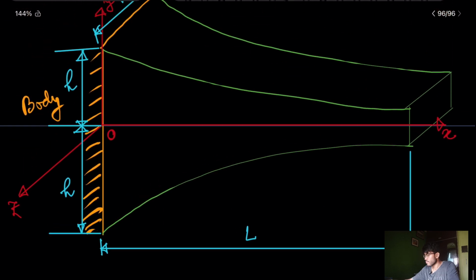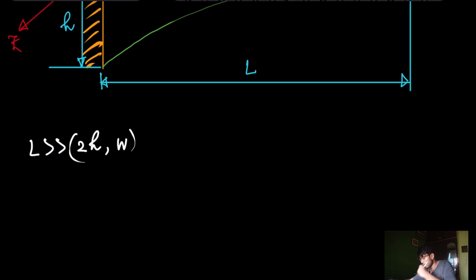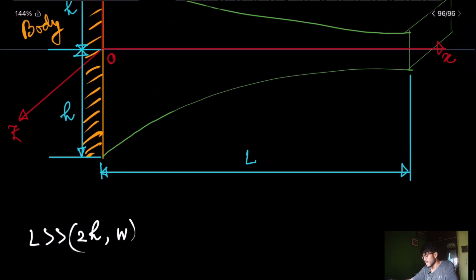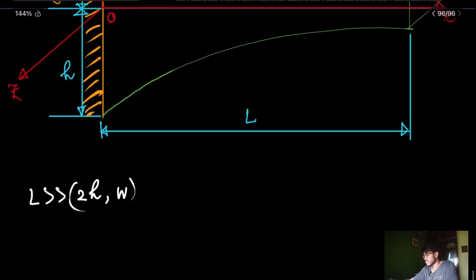So you see here, what we will assume is our L is much greater than 2H and W. If it is so, then my W is very small.